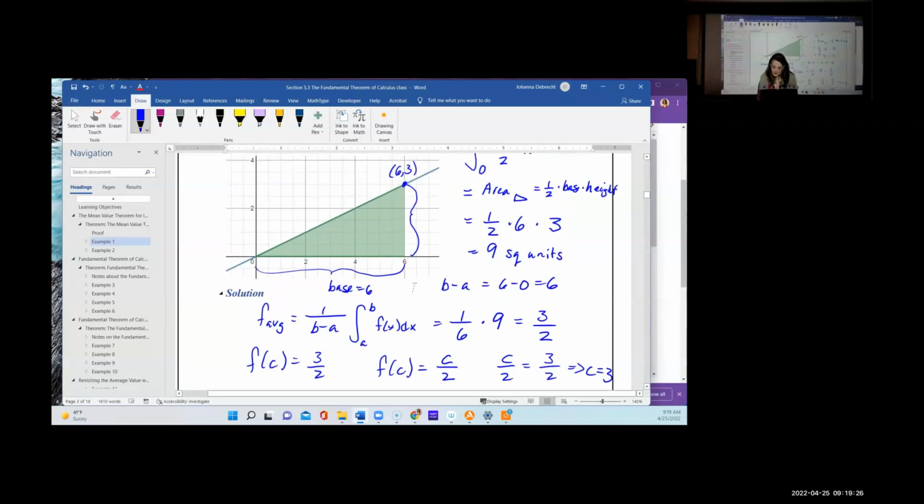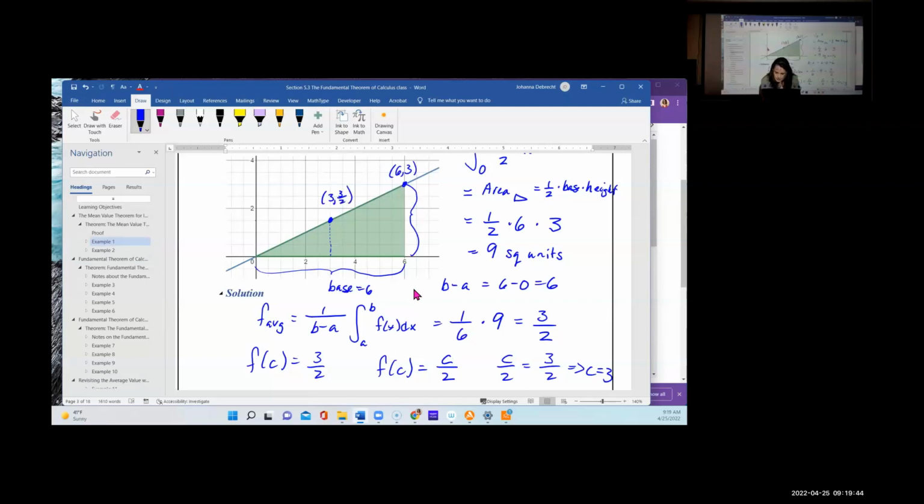So looking at our graph up here, when we have the x value of 3, the y value is 3 halves. So this is (3, 3/2).